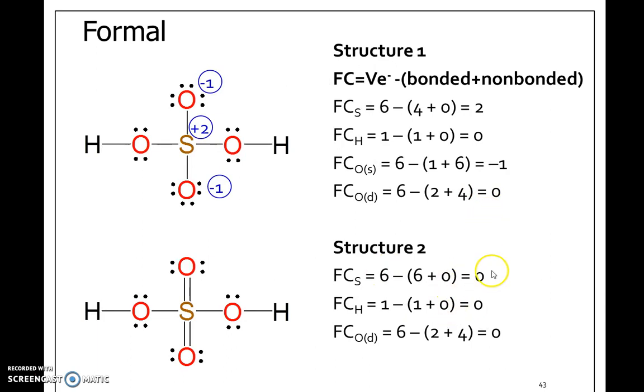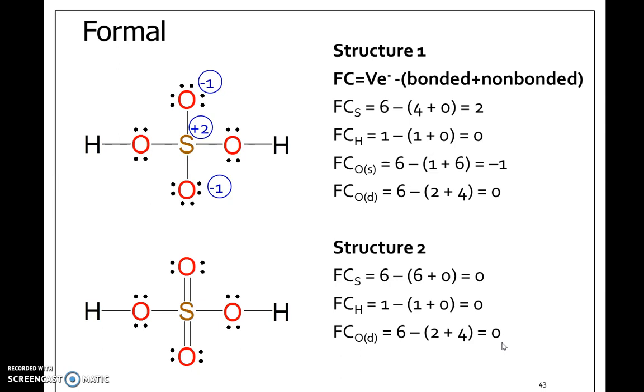And then we can look at the formal charges for the sulfur, hydrogen, and oxygen. Notice how they're different. So the formal charge here for sulfur is a plus 2. Here is 0. Hydrogen stayed the same, but oxygen now has a formal charge of 0. So when you try to compare two different structures, you need to look at the individual formal charges.